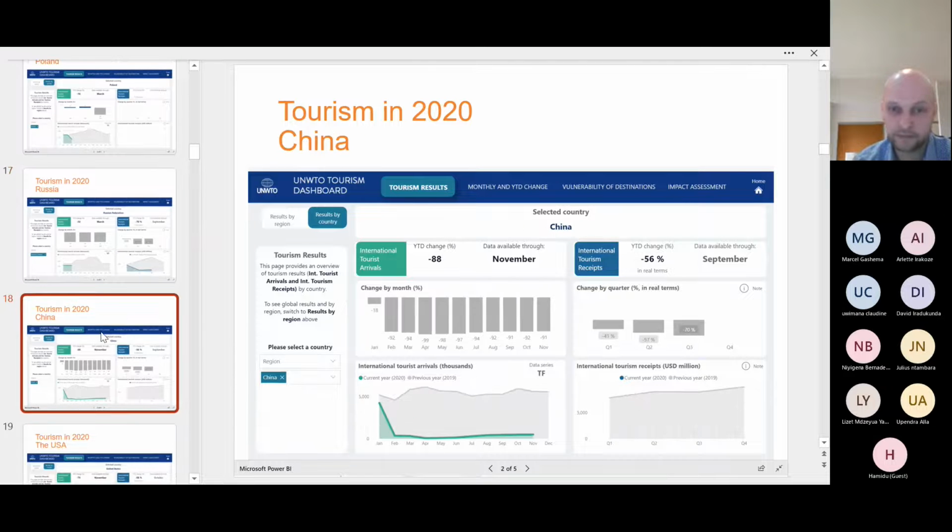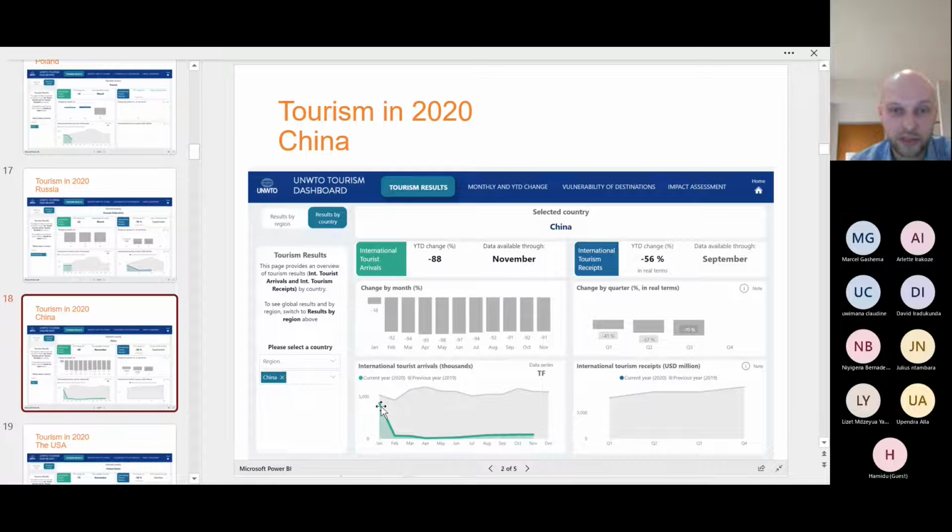Okay. You're welcome. China, information is here. International tourist arrivals, and actually in 2020 I was working in China. I went back to Russia in January 2020, and then the borders closed.